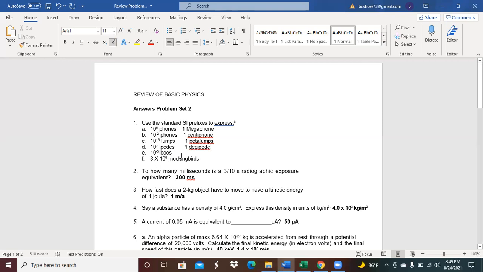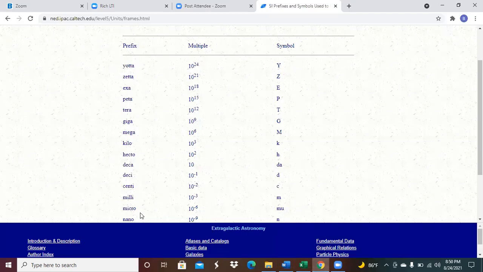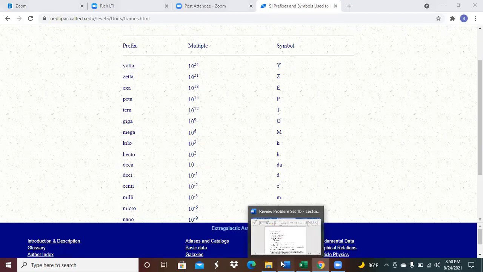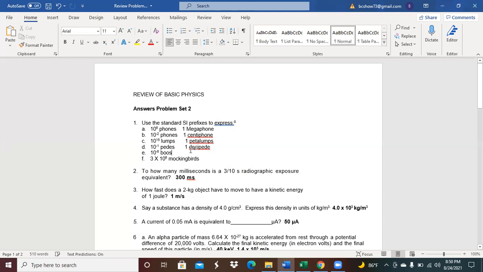Ten to the minus 3 boos. We could change that to say 10 to the minus 6. So if we have 10 to the minus 6, that's micro. So here we have 1 microboo.